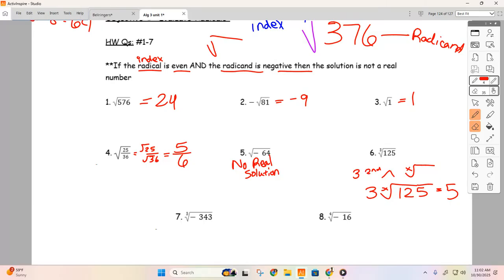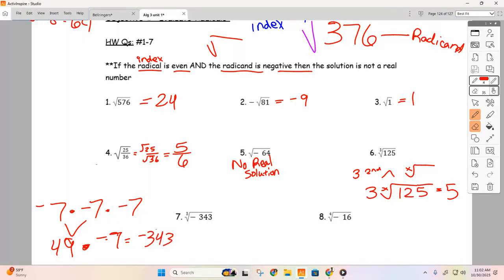Think about when you multiply cube roots of negatives. Also, if you try to take the square root of a negative in your calculator, it's going to give you an error. But because we can multiply, if I multiplied negative 7 times negative 7 times negative 7, these two would give me a positive 49, times the last negative 7 ends up giving me a negative answer of 343.